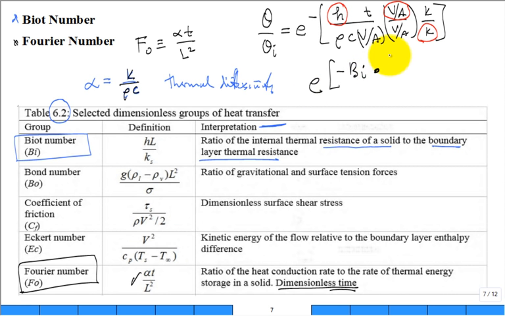Multiply by the time. k over rho c is alpha, over L squared, Fourier number. So I know it gets pretty abstract, but you get the dimensionless temperature difference ratio equal to e to the minus Biot number times Fourier number. You'll see increasingly the use of these dimensionless parameters, especially when we get to convection.